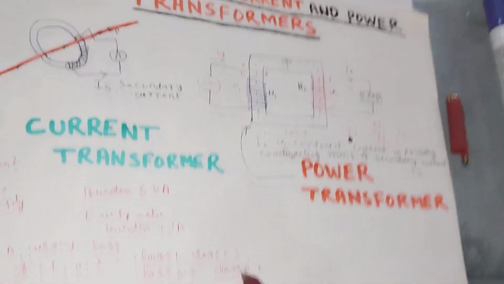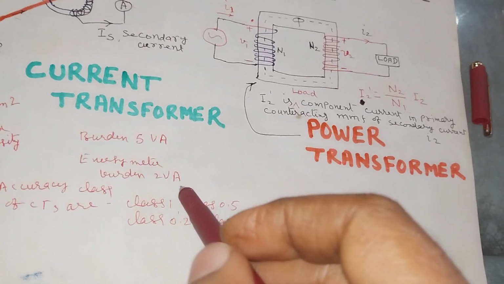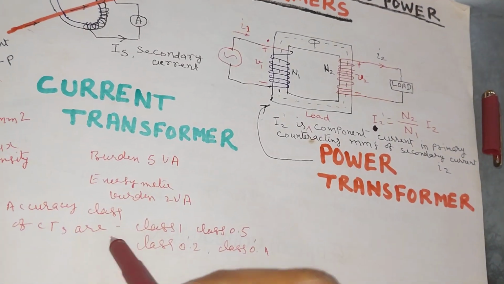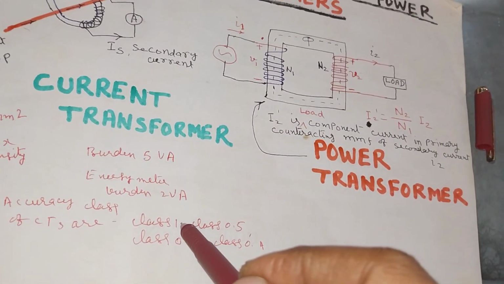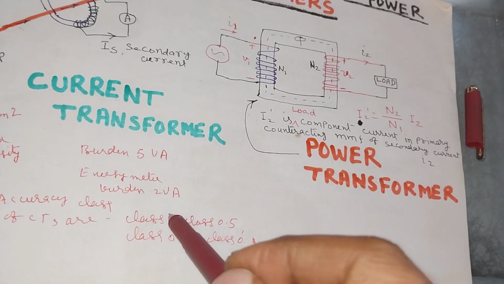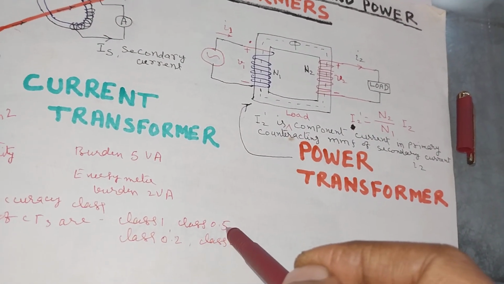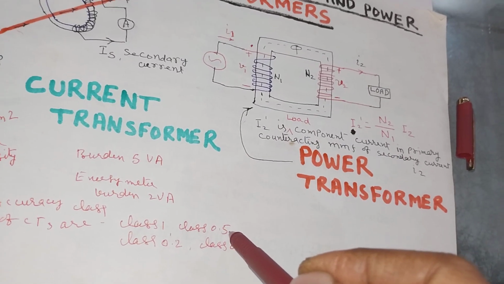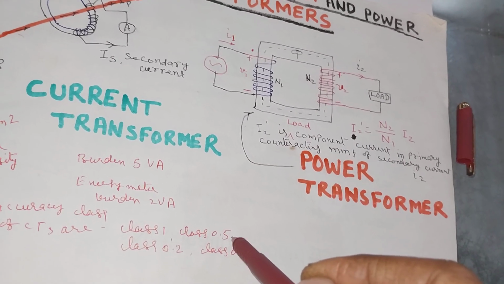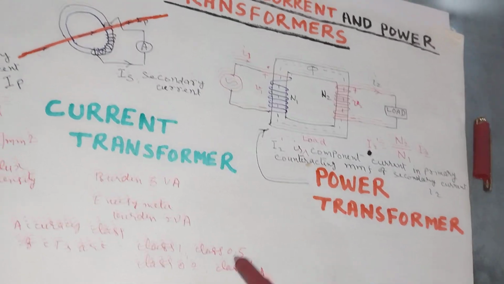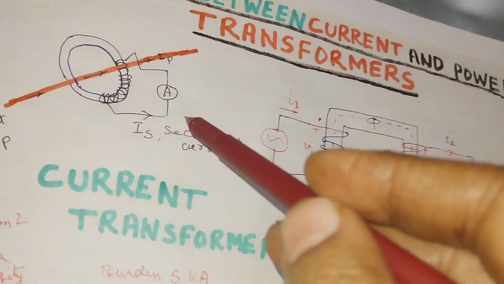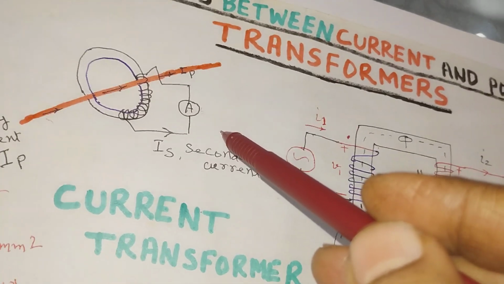This class indicates the total error. If it is class 1, the error could be 1% plus or minus. If it is class 0.5, the error can be 0.5% plus or minus. So why are CTs installed inside the energy meters?